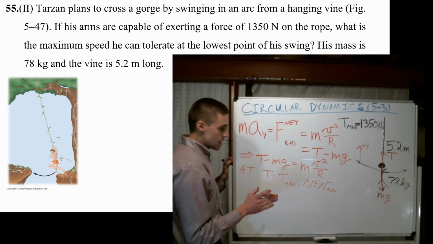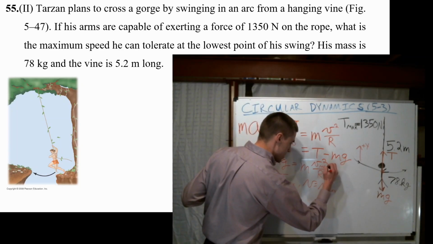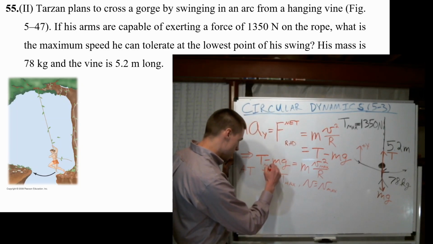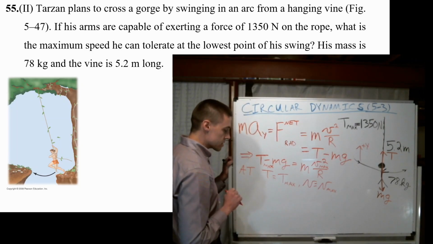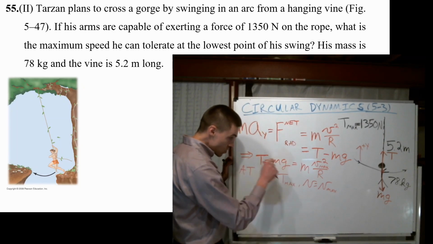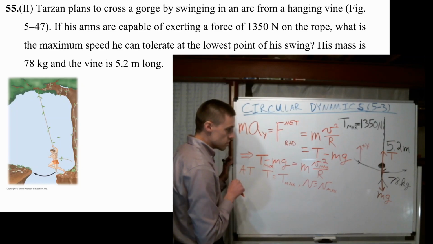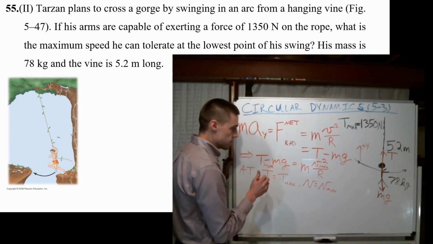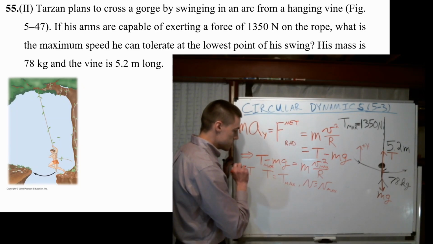So let's analyze that particular scenario. So we know T max, and we were asked to find v max. We know m, we know r, the length of the vine. So we have one equation with one unknown. All we have to do is solve this for v max and plug in some numbers.